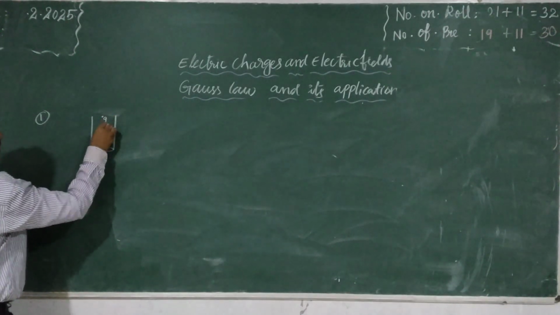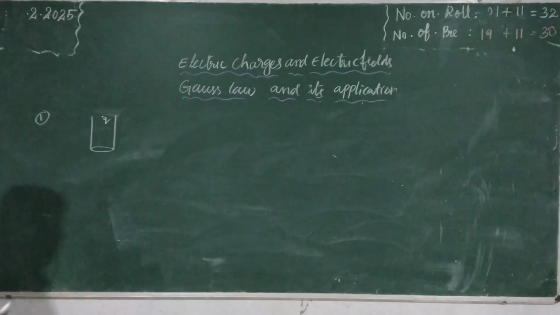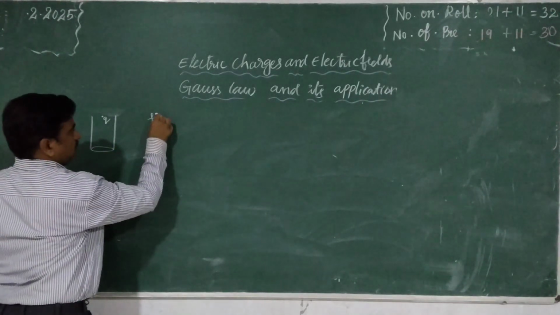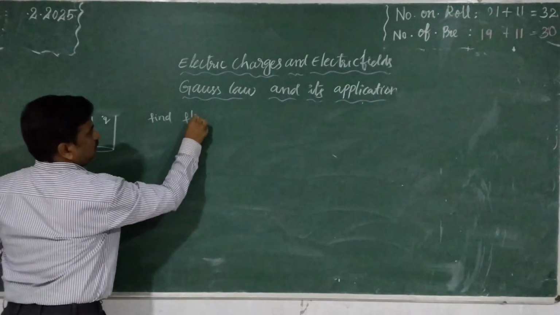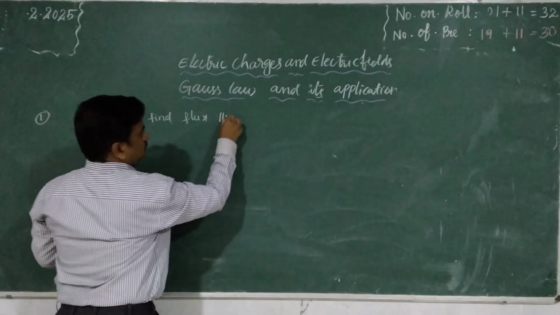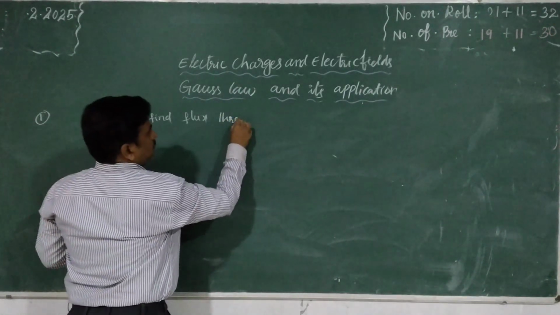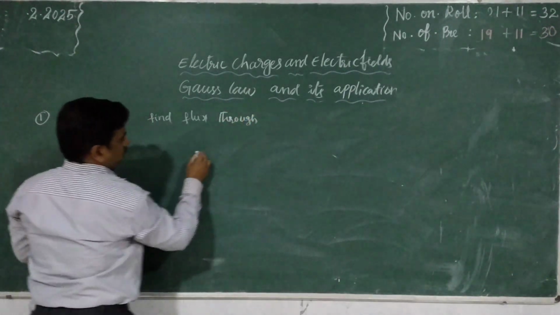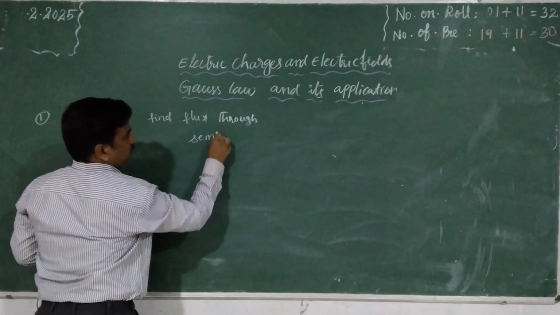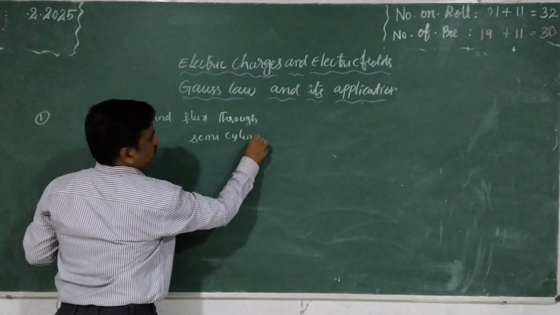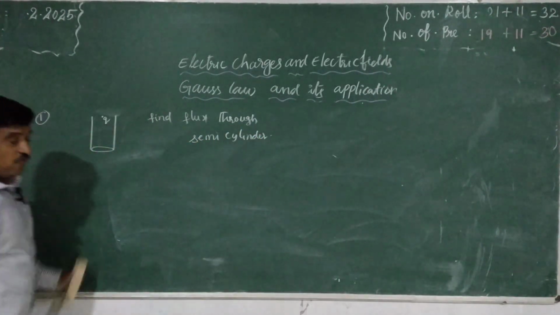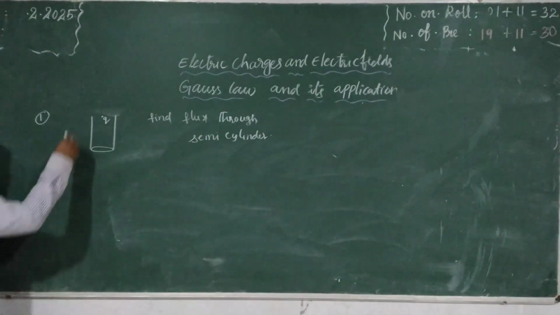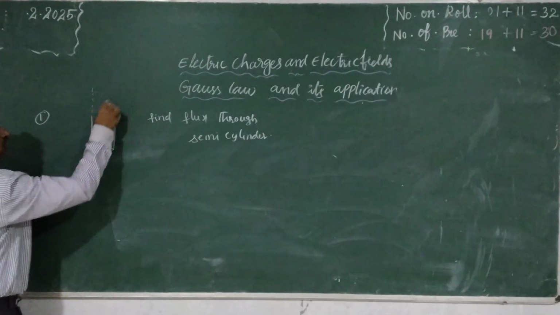Here charge q is there. What is the flux? Find the flux through the semi-cylinder, that we want to find out. For that, we can draw an imaginary closed surface.